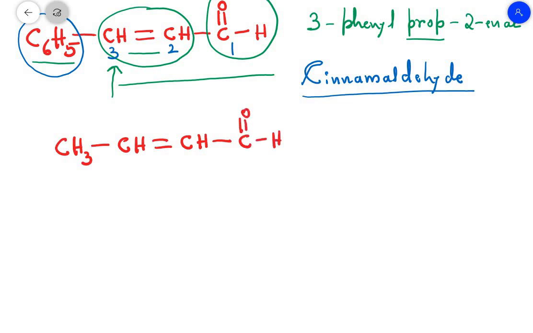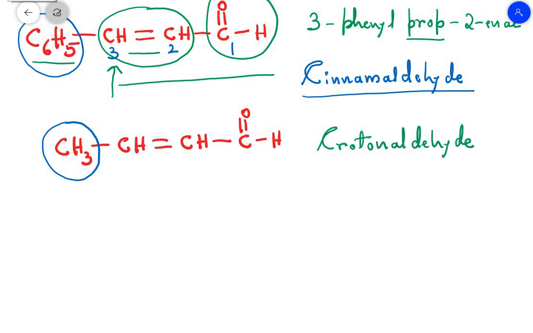The change is that in the place of the earlier C6H5, now we have a CH3 group, and the common name of this compound is crotonaldehyde. And the IUPAC name is but-2-enal.